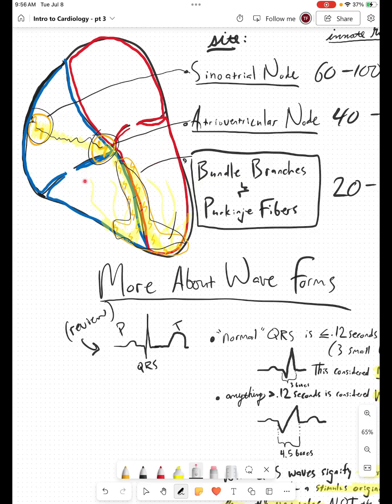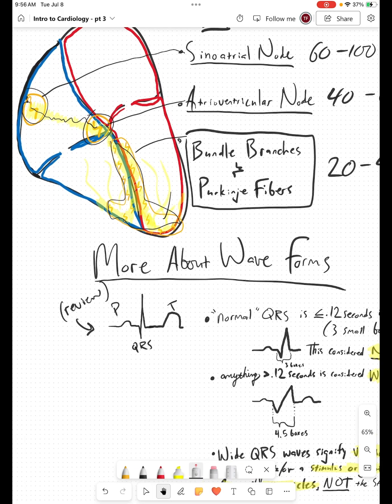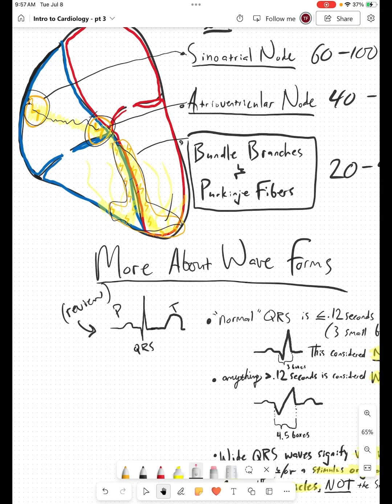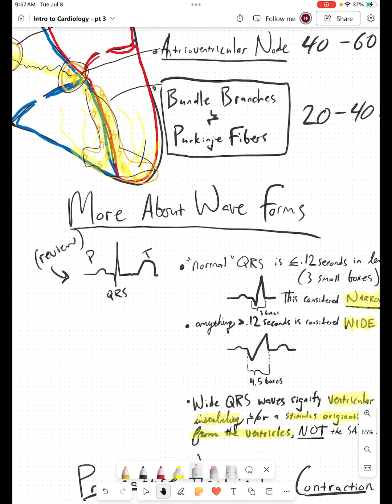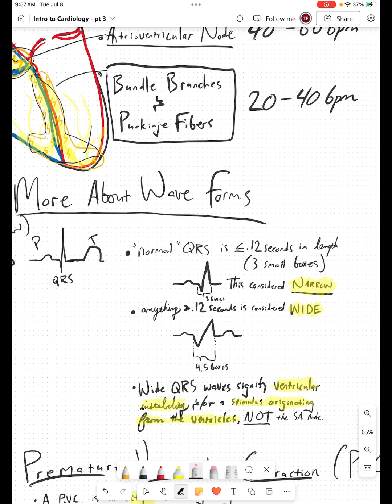Remember, cardiac muscle tissue has pacemaker cells in it, so each of them is capable of producing its own electrical stimulus. Left to their own devices, if no one else is creating that stimulus, they will do that on their own. So narrow is less than or equal to 3 boxes, and wide is greater than 3 boxes.